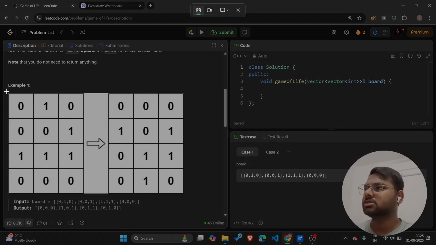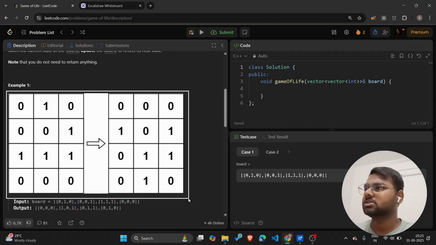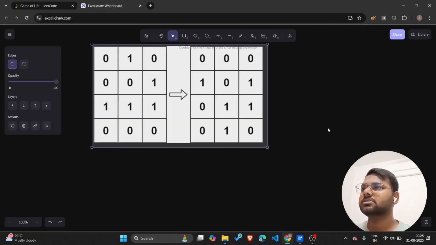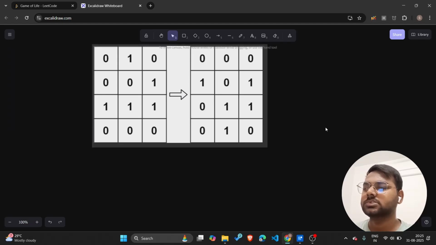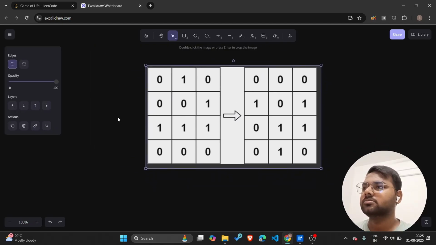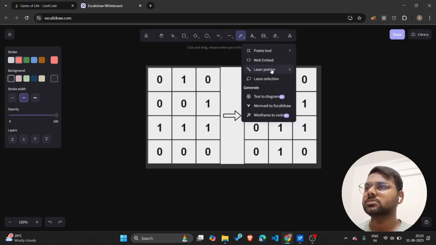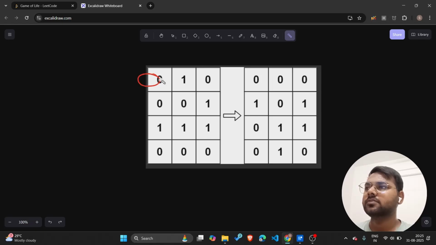Let's go to the Excalidraw. Let me paste it here. So here, as you can see, for that particular cell, what are the neighbors? It has these. So the count of living neighbors around it is one.